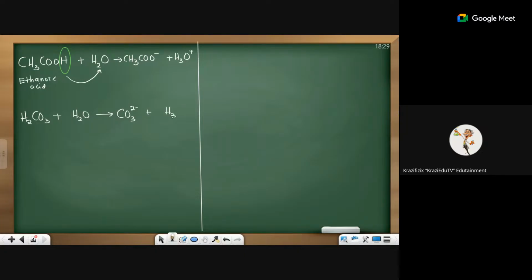The formula for hydronium ion is still H3O plus. All we need to do is to balance. In chemistry, you don't write an equation without balancing. We did balancing in grade 9, 10, and we are now in grade 11. If I put a 2 there, my hydrogen becomes what? 6. And my oxygen there becomes what? 2.